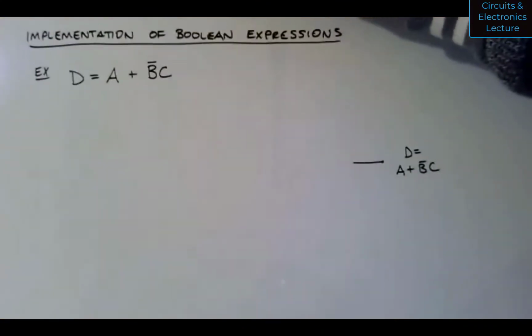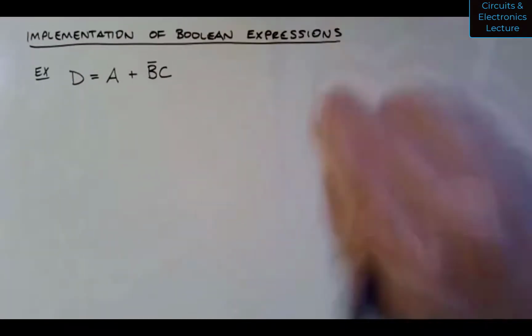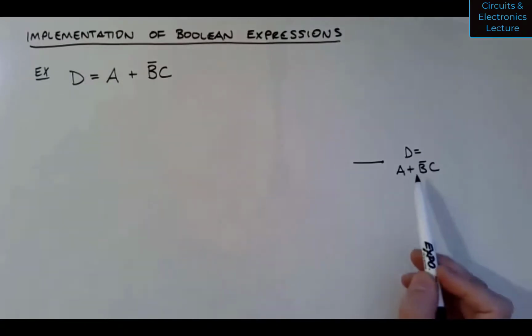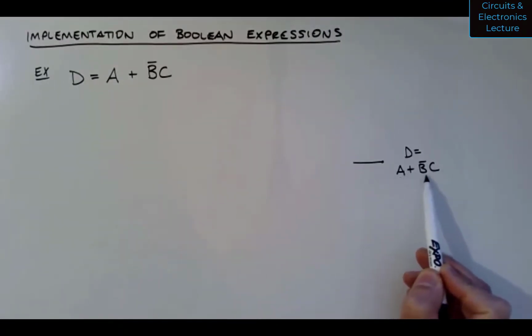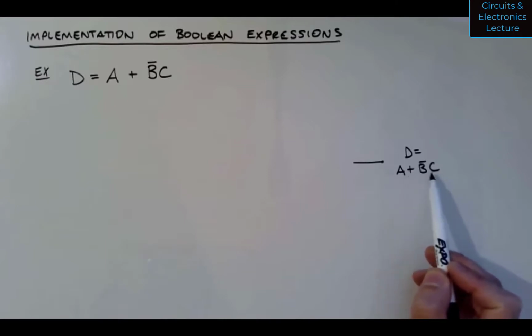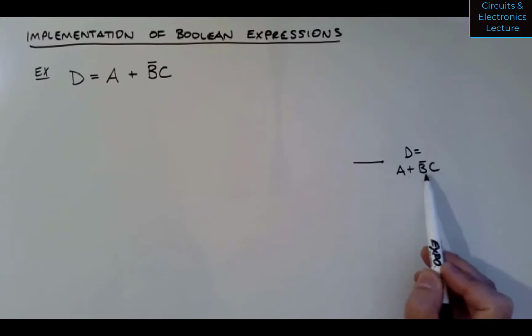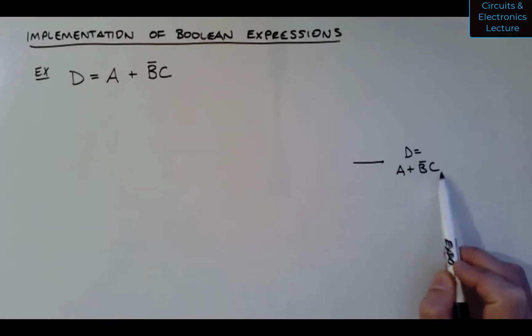What I'm going to do is follow the order of operations. And you can imagine the order of operations is a lot like regular algebra. So I have A plus the inverse of B times C. If this were a regular algebra expression, the first thing you would do is multiply B inverse and C together, and then you would do the add.